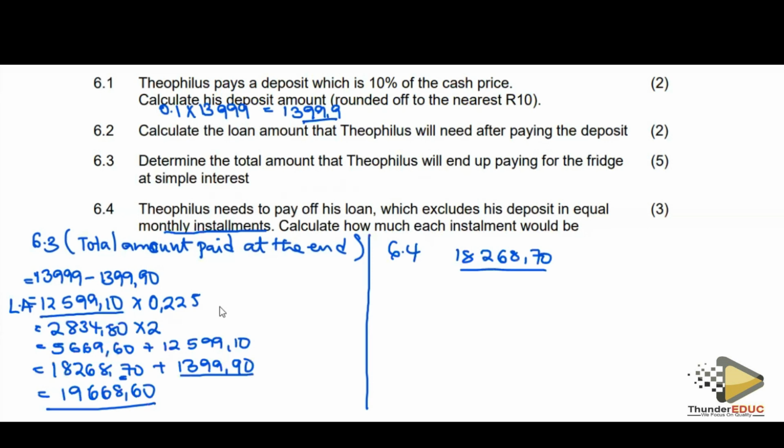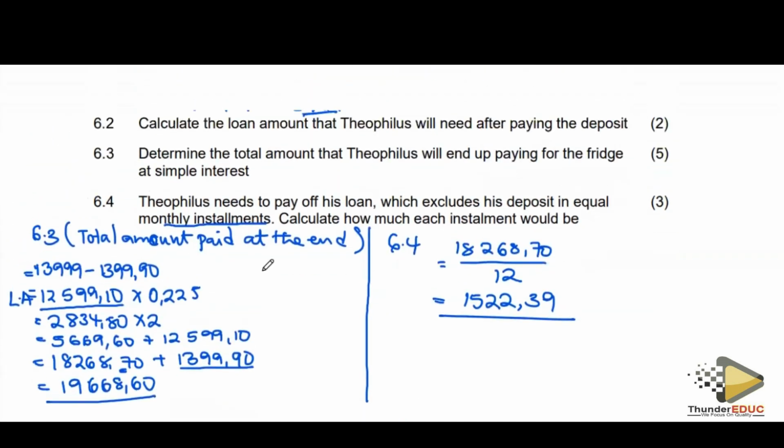We divide this by 12. So the monthly installment has to be 1,522 rands 39 cents. That's how we do it.